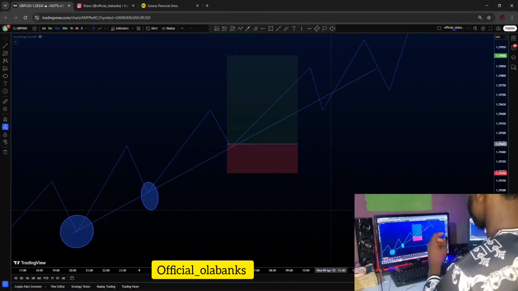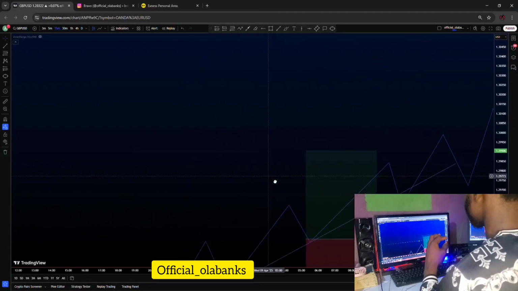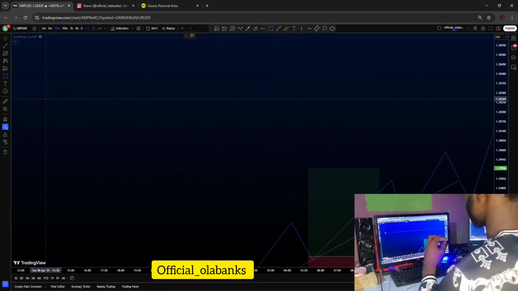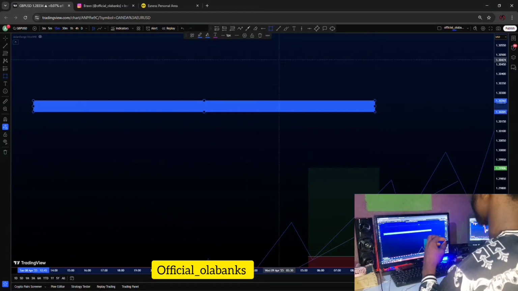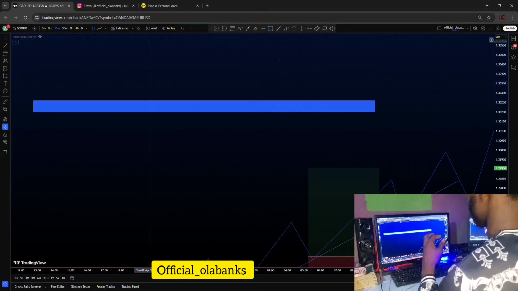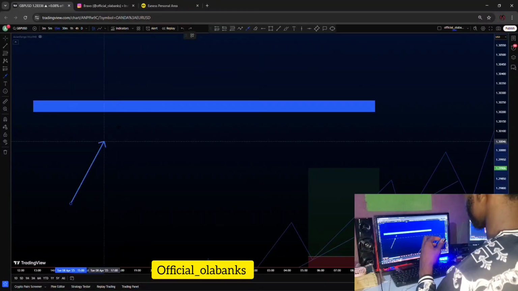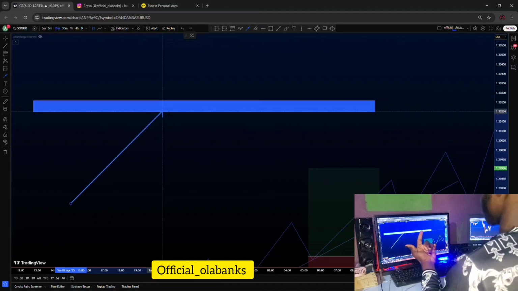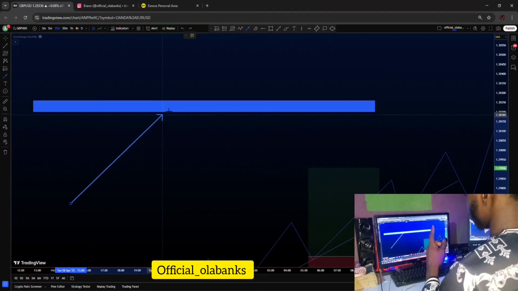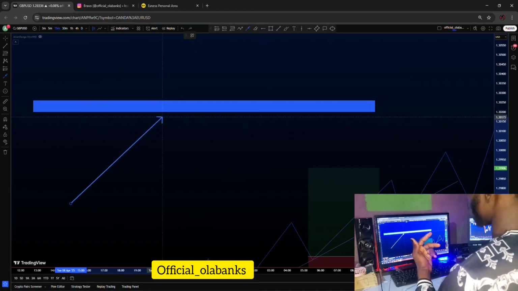We'll go to the chart. Now, for support and resistance, it can be a zone and it can also be a level. So let's say price is coming from below and hitting this particular level or zone from below, it is called a resistance.